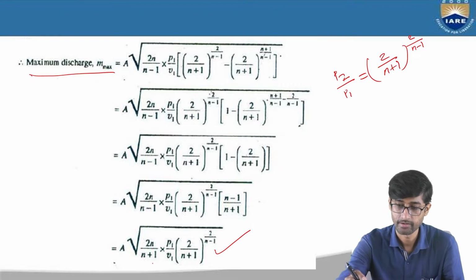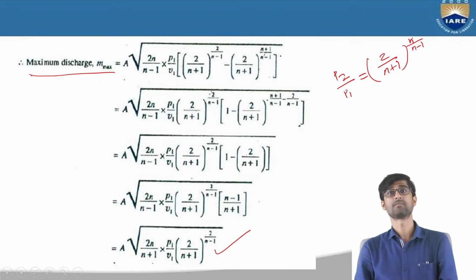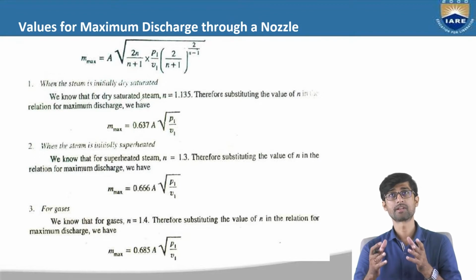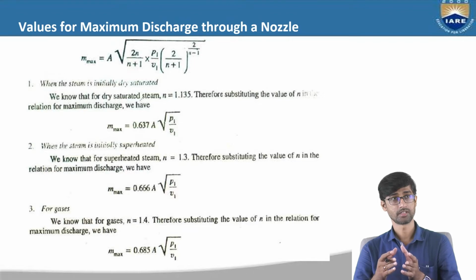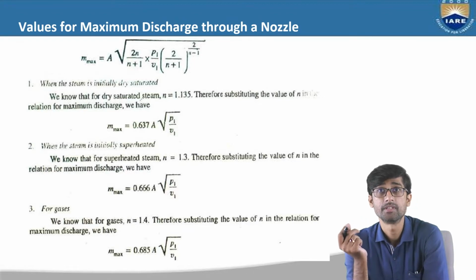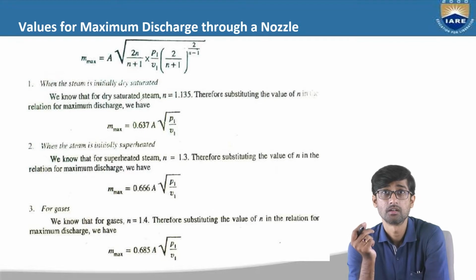Sorry, here it is n by n minus 1. So this is the maximum discharge flowing through the nozzle per second. Now, what are the values for maximum discharge through a nozzle? As I told, the condition of steam may be dry saturated, it may be superheated, or it may be a gas.